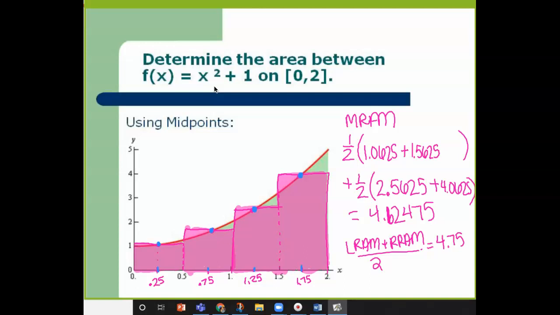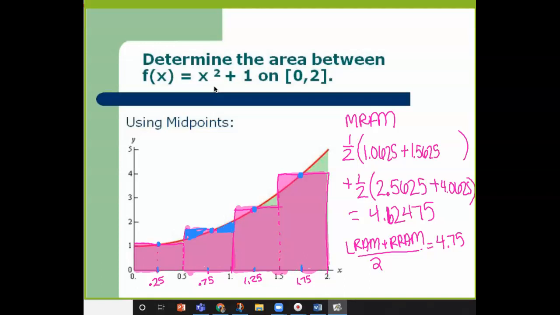Now, if you compare the rectangles from the left to the right to the middle, in terms of this code, it appears that this equation is going to have the best approximation using the midpoints, because the midpoints seem to have an equal area over and an equal area under.